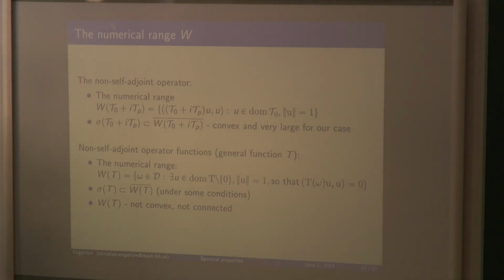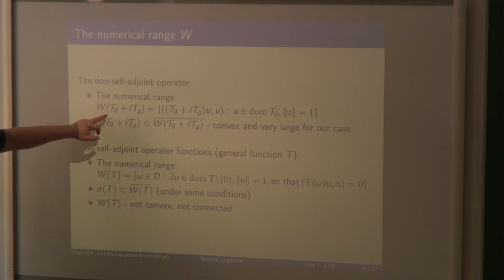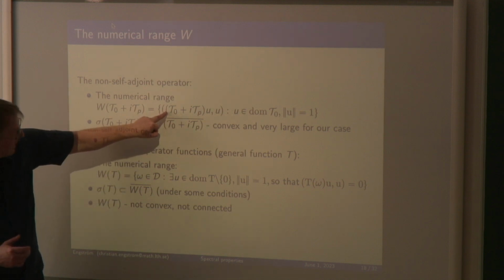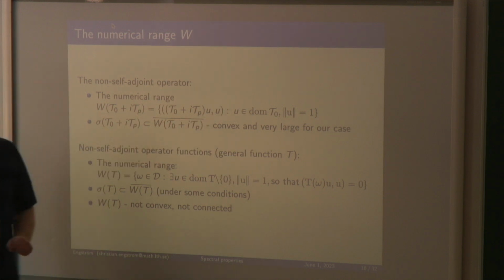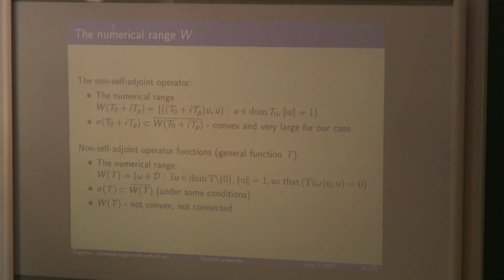As you probably know, the numerical range is usually huge if you look at an operator. If you look at this block operator matrix, both the self-adjoint part and the perturbation, and look at the values you get if you apply this to a vector in the domain and take the inner product with u, this is a big convex set. So this will not help us.